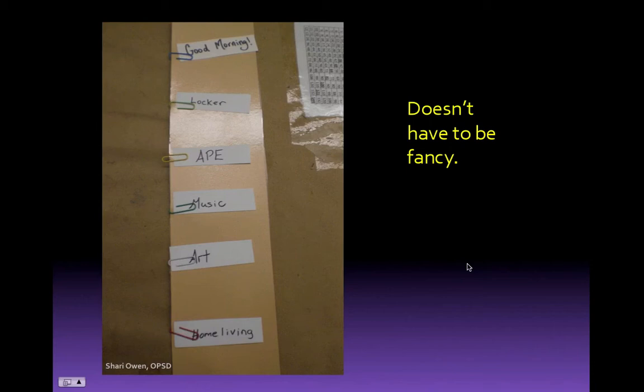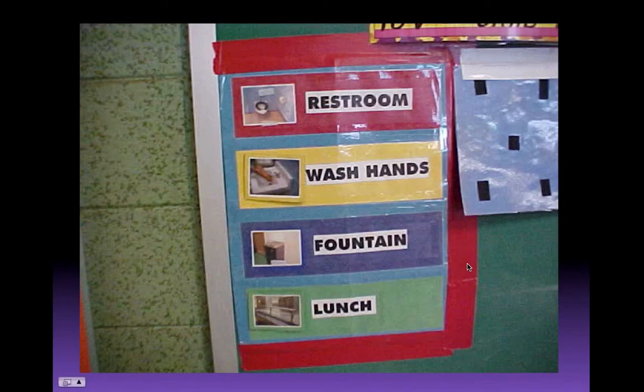Of course, here's one that's set up for a person who can read. And if the person themselves is creating a schedule, that also keeps them involved in their day and in knowing right off the bat what to expect, what's coming next. Here's another example of a visual schedule using photographs.